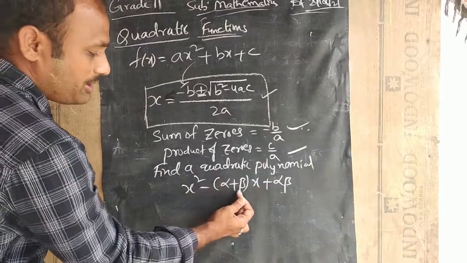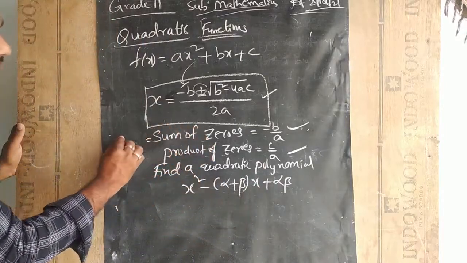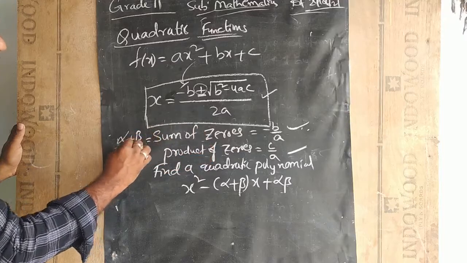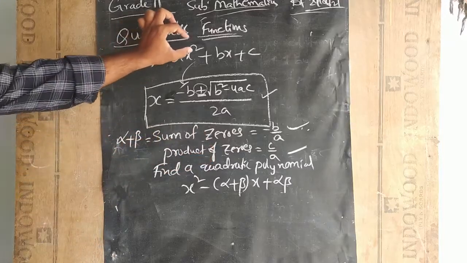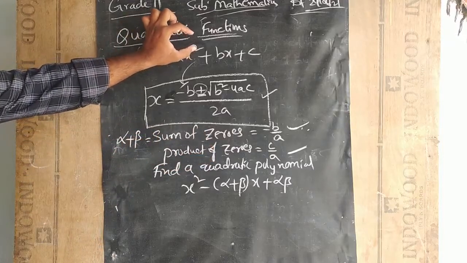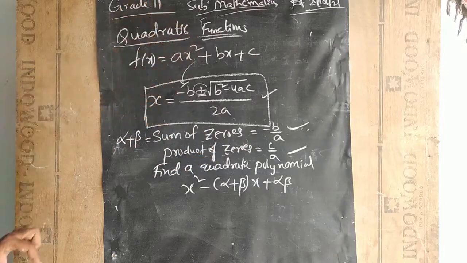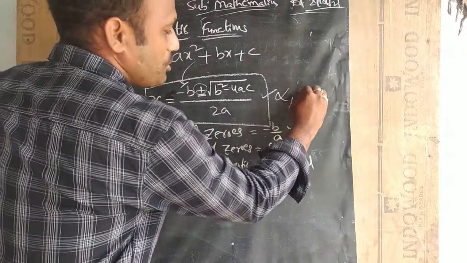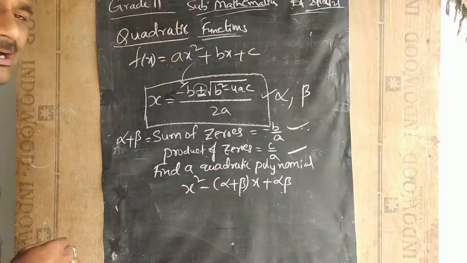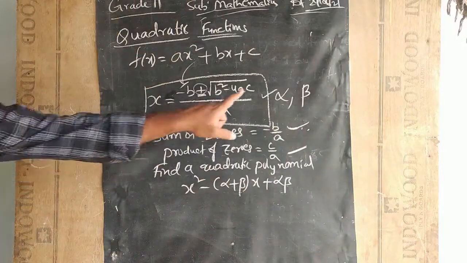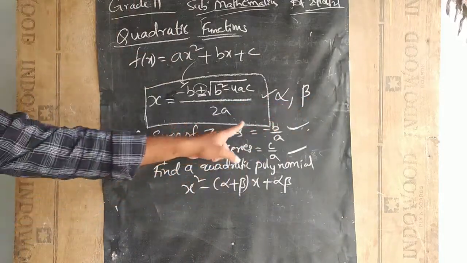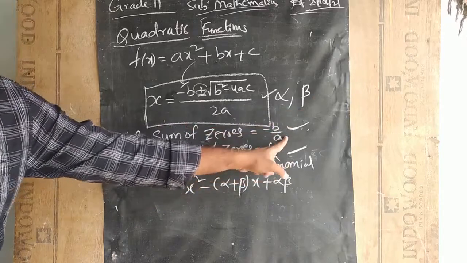Where are we going to get this alpha beta? The sum of the zeros we can write as alpha plus beta. As we have already said, since the degree is 2, we are going to get two zeros. We are assuming one is alpha, the other one is beta. If you add the two zeros, the answer will be equal to minus b by a.